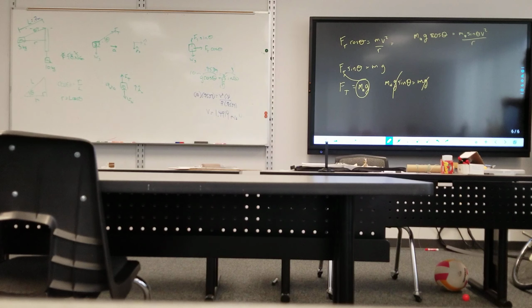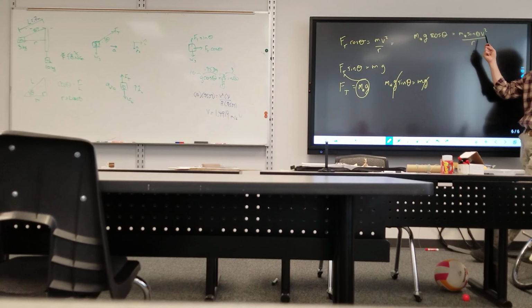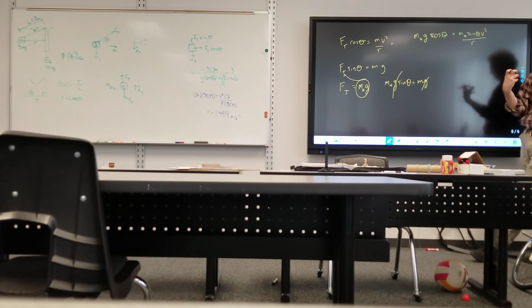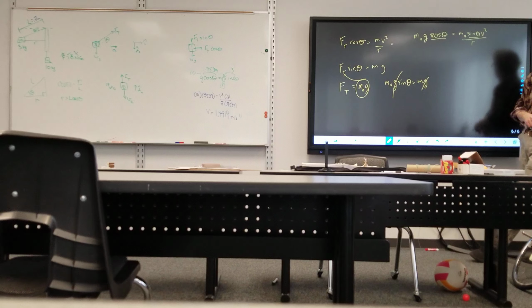It's a lot trickier to solve this because we have the sine theta and cosine theta, and yes, it's a single variable, but it's a lot trickier because that theta is captured inside this function. It's not like you're multiplying cosine times theta, it's cosine of theta. So we need some relationship between cosine and sine.